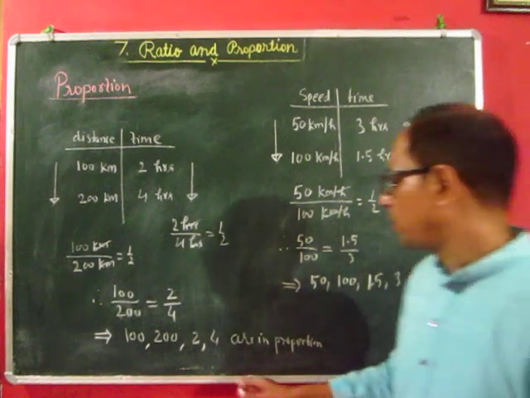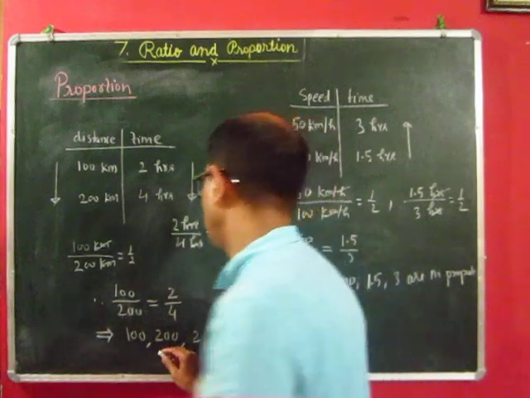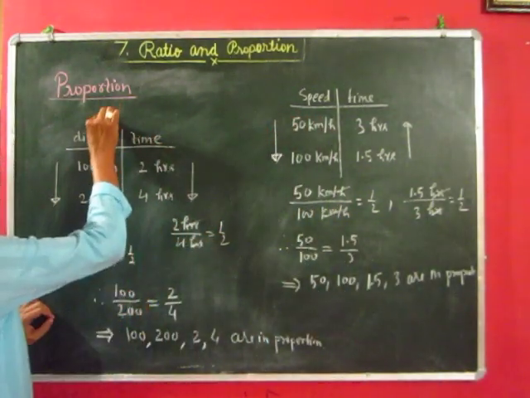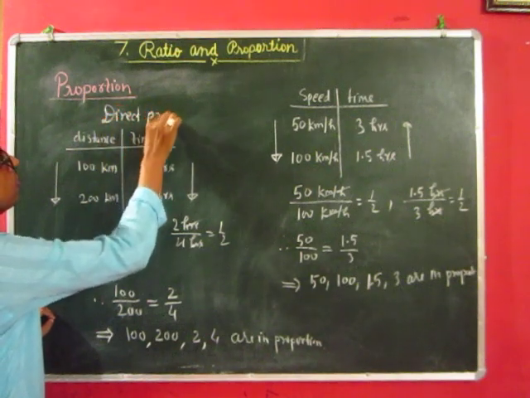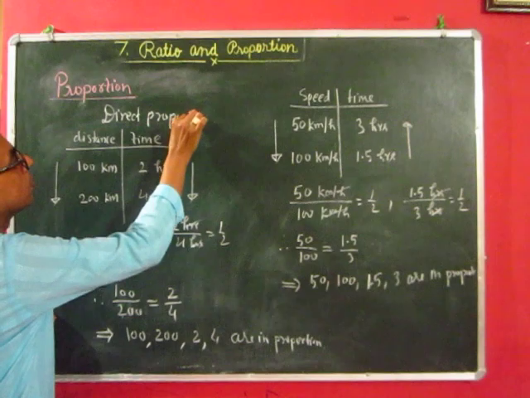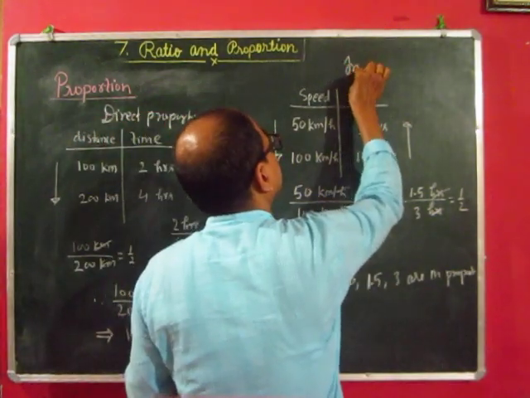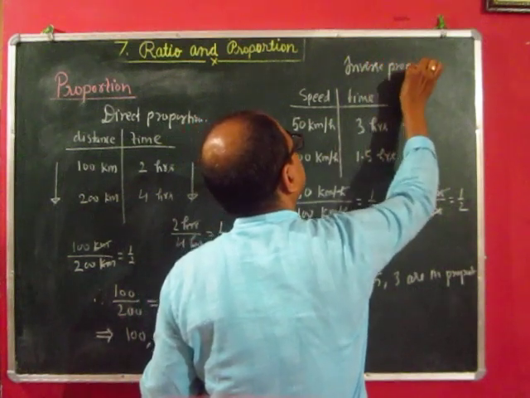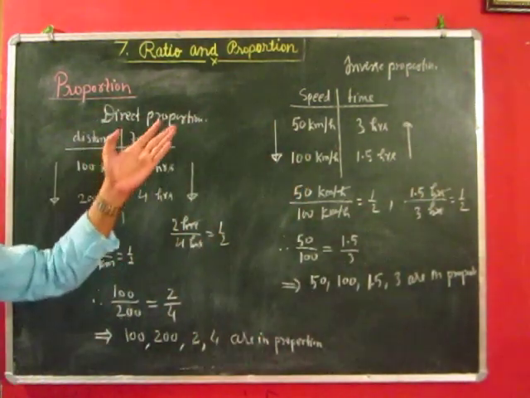So this type of proportion is called direct proportion, and this one is called inverse proportion. So actually there are two types of proportion, direct proportion and inverse proportion.